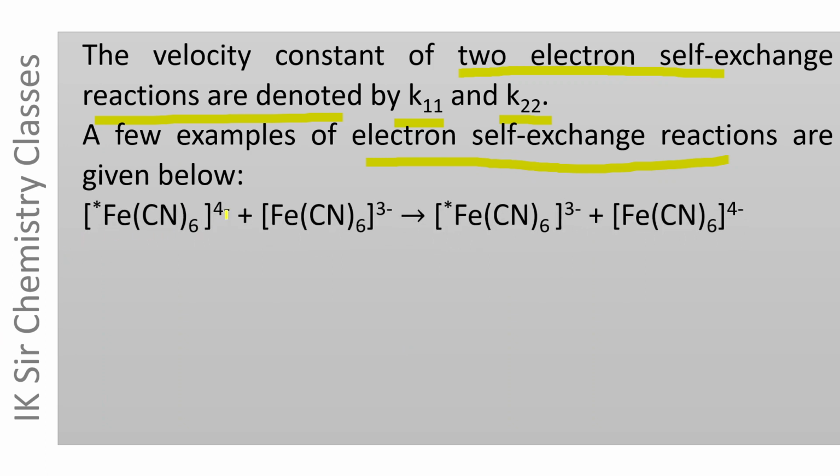[Fe(CN)6]4- having labeled iron atom reacts with [Fe(CN)6]3-, forming [Fe(CN)6]3- with labeled iron atom and [Fe(CN)6]4-.